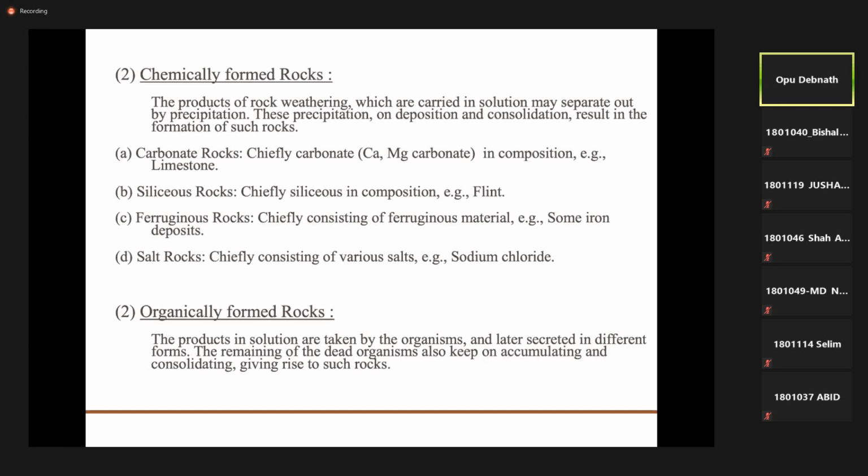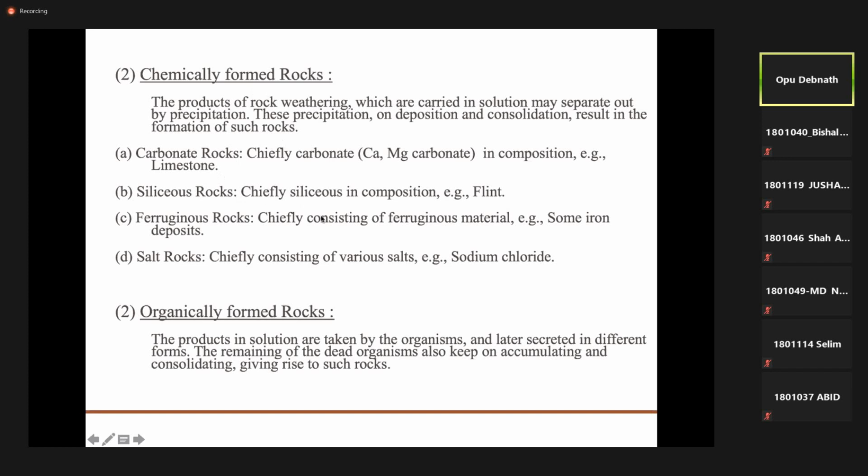So if in any area lime is found in nature in a mine or as a mineral, and the solution contains a suitable amount of calcium carbonate or magnesium carbonate, or calcium sulfate, known as gypsum, then when these types of materials or minerals are contained in the solution and the sediment, the resulting rock will be named as the limestone.